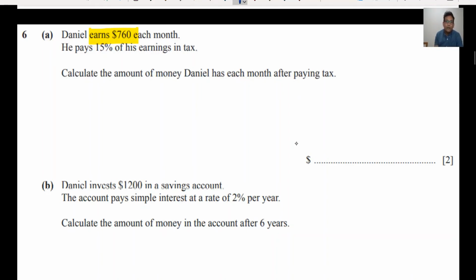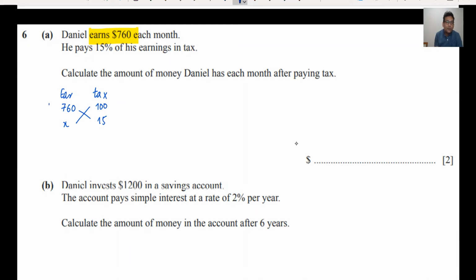When you want to find how much tax is deducted, just simply, I'm not reading this question actually, write here dollars, and you have to write the earning, how much earned, and how much tax. Very simple. Earning is here 760, and here you have to write 100, and here you have to write x, and here you have to write 15%. When you do this like this, you can get the answer.